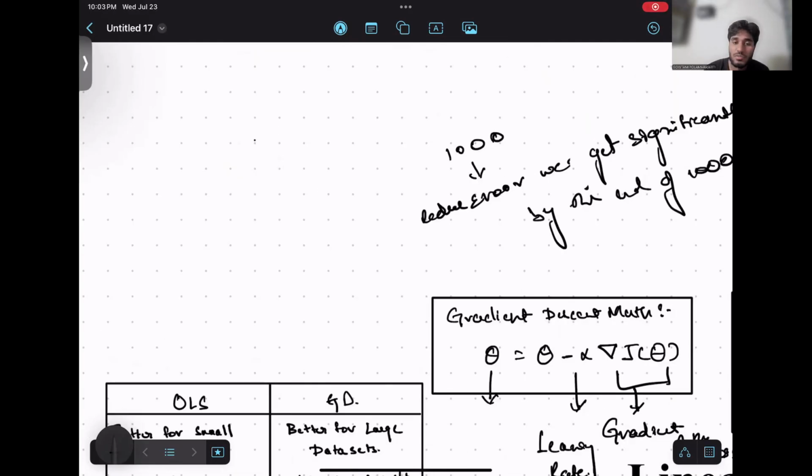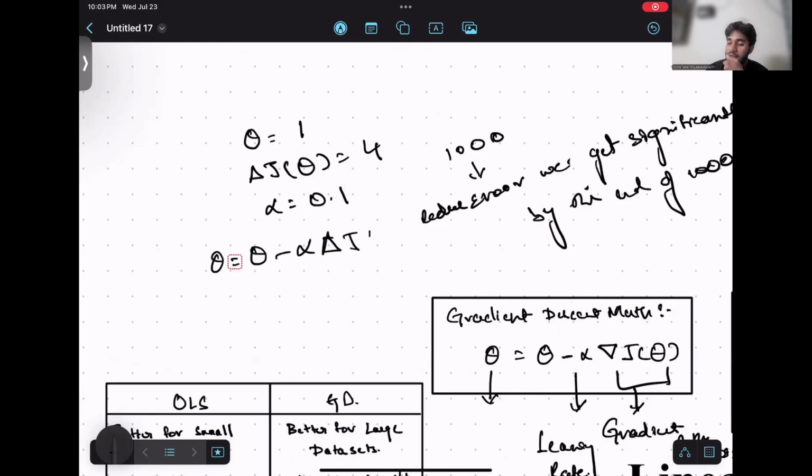Let's say our current slope is equal to 1. We call the weights of the linear combination the slope also. So let's say it is 1, and our gradient is 4, and our learning rate is 0.1 per step. So to find the new weight which fits the line better, we use the formula theta minus learning rate into gradient, which is equal to 1 minus 0.1 into 4, which is equal to 0.6.